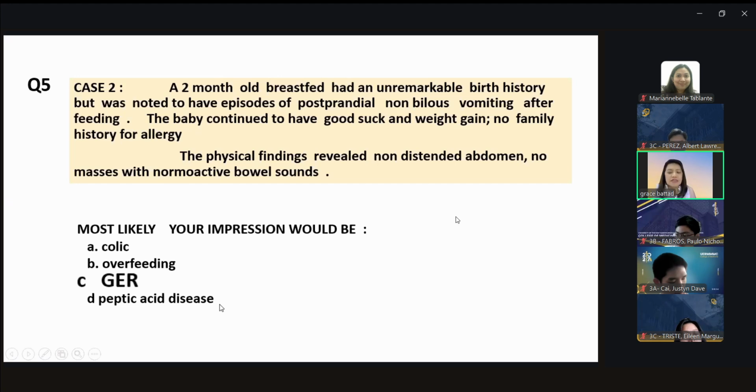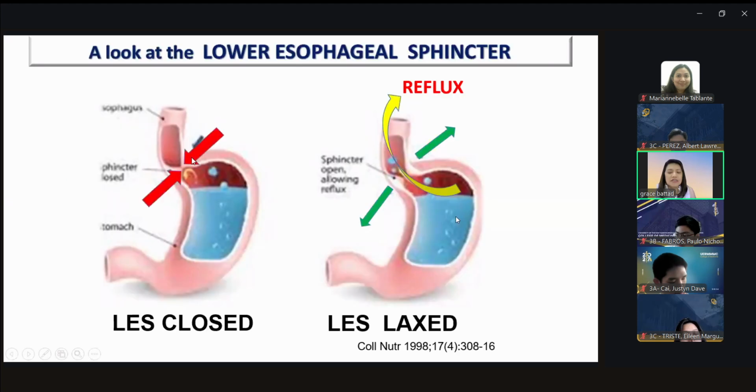Normally, you have a mature gastrointestinal tract musculature of the lower esophageal sphincter. The lower esophageal sphincter is a specialized muscle that controls closure, so normally this would close. That's why you have prevention of reflux.